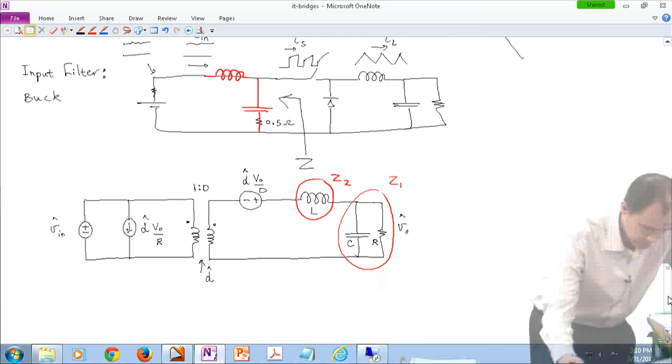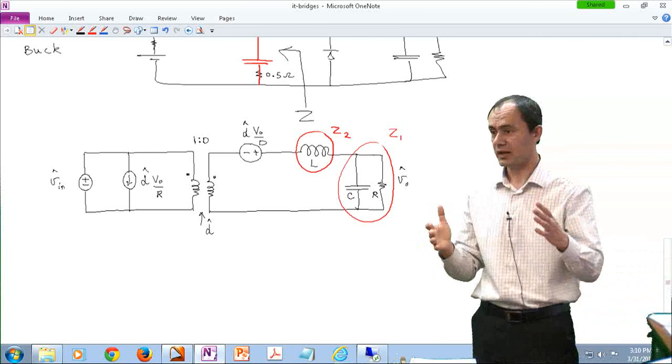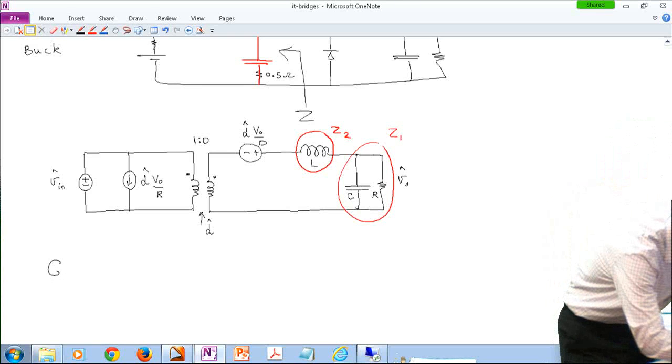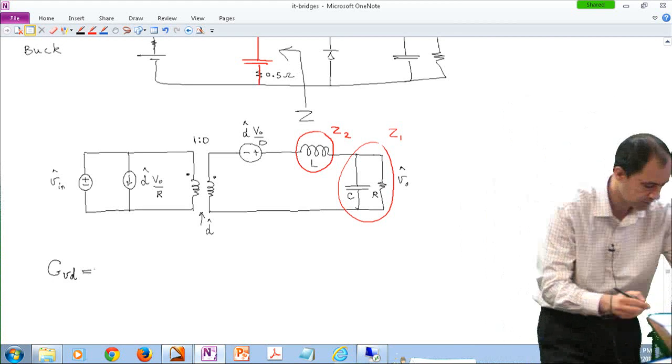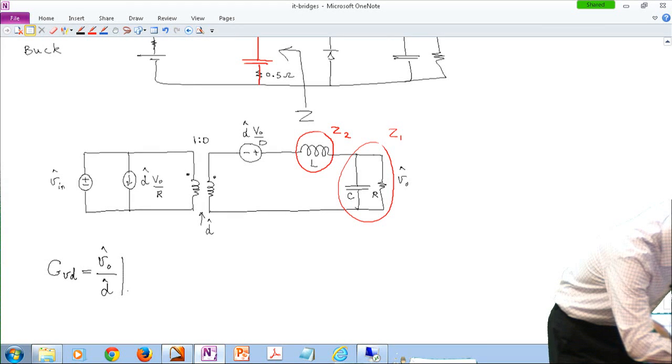Okay, so in order to look at the stability of the system before and after we add a filter to it, we got to look at GVD, basically, the control to output transfer function, because ultimately this is the transfer function that appears in our loop gain. So remember, this is how it was defined.